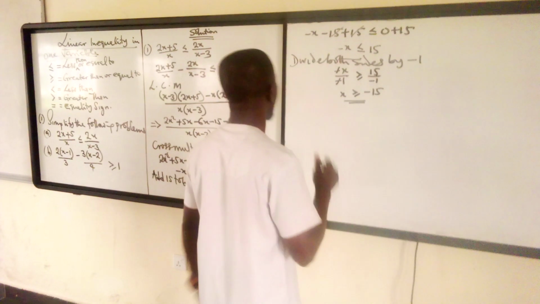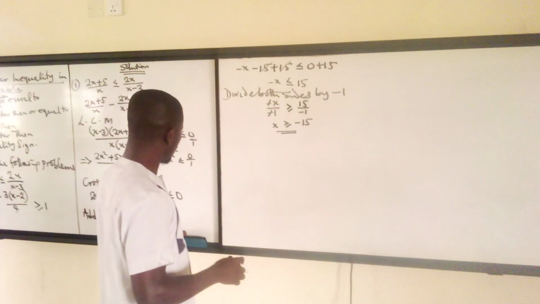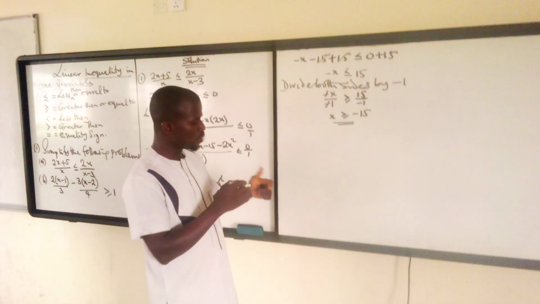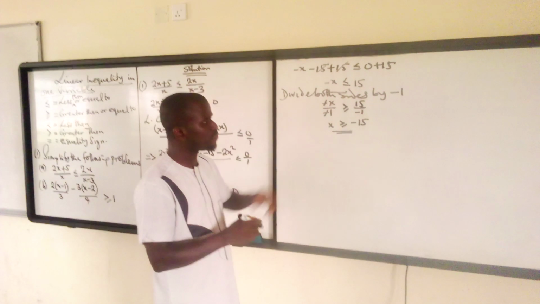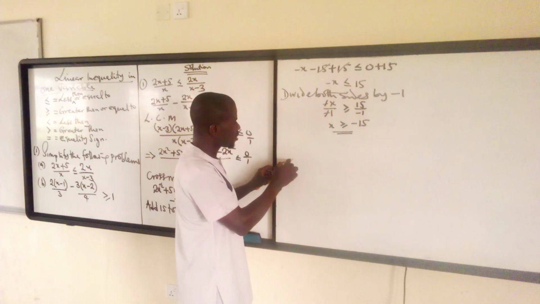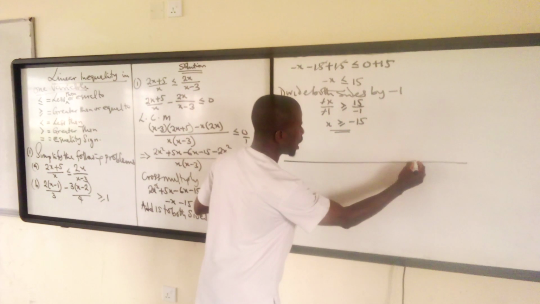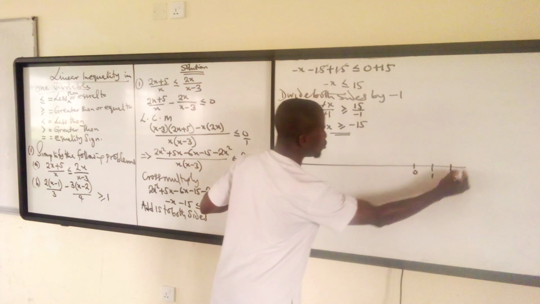Now, suppose we are asked to put this on a number line. What can we do? We are looking at the values of x that will be greater than or equal to minus 15. That implies that I can call here 0, here 1, here 2.